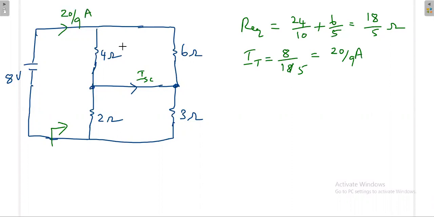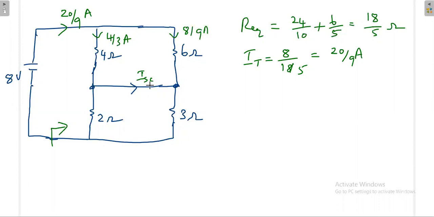Now this current has to be distributed here. Okay, then how is it getting distributed? For this first case, if you apply the current division formula, 20 divided by 9, here you'll get 4 by 3 ampere. Here you'll get 8 by 9 ampere.